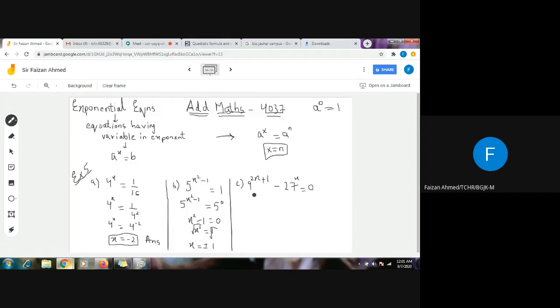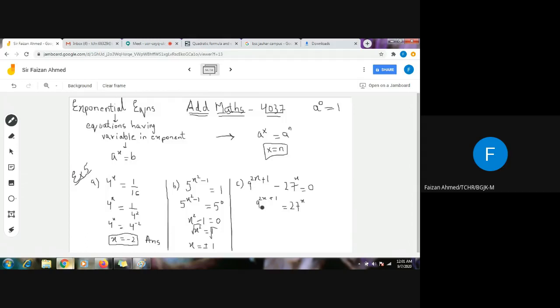We have part C, and in part C we have this number on this side. So first we'll shift it to the other side, and we will write 9 to the power 2x plus 1, and then this negative 27 will be shifted to the other side and become positive, and this will be 27 to the power x. And now I have to make my base common.